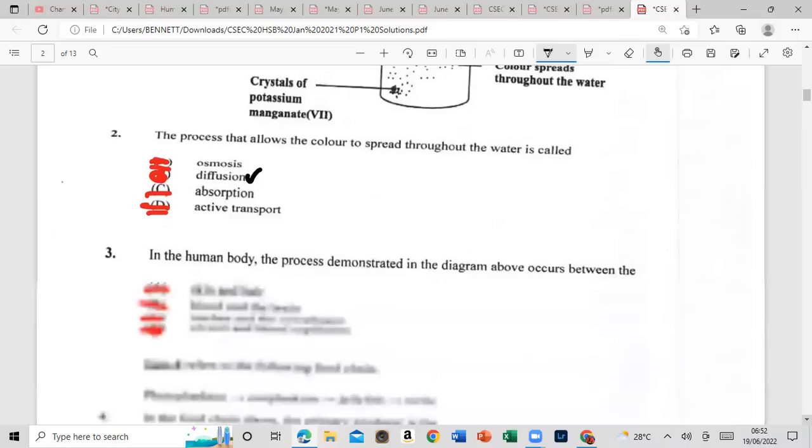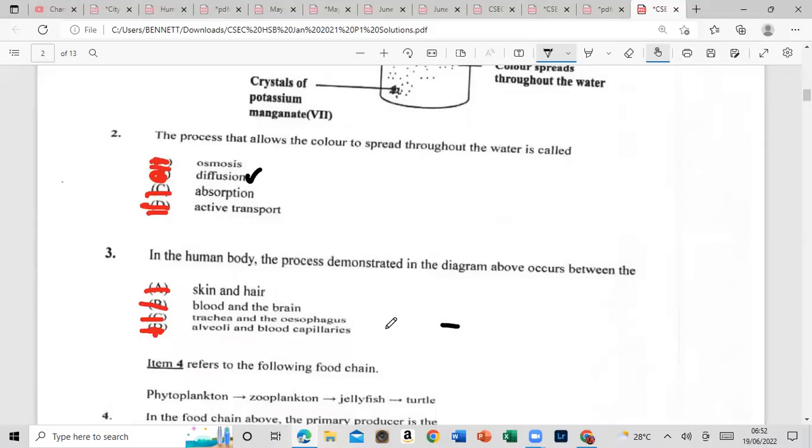In the human body, the process demonstrated in the diagram above occurs between A, skin and hair, B, blood and brain, C, trachea and esophagus, D, alveoli and blood capillaries. And that's the alveoli and the blood capillaries.